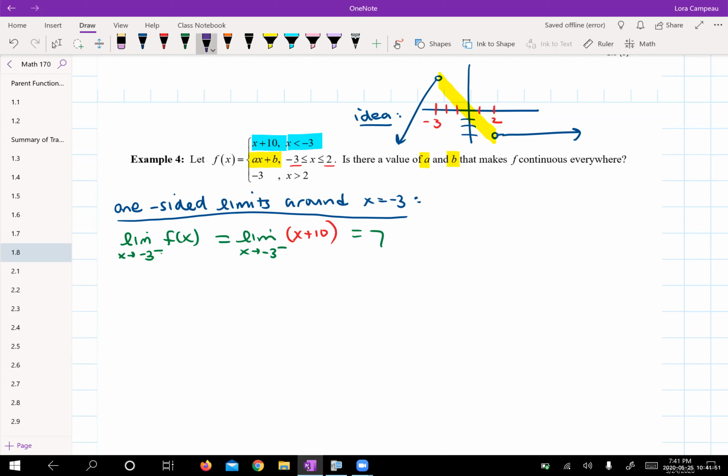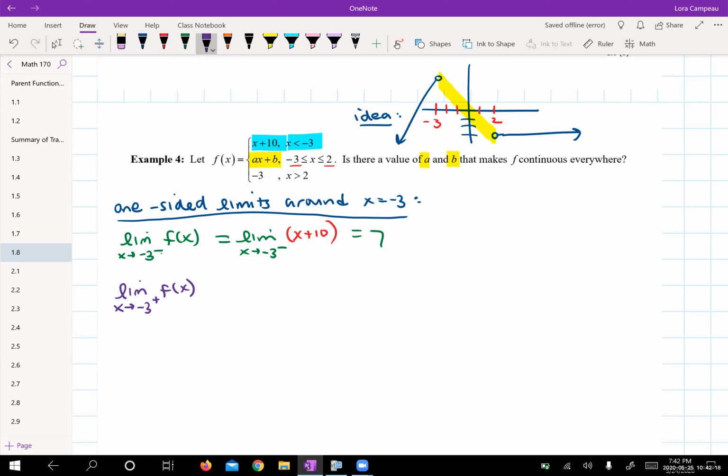Now, if we look at the right-hand limit, as x approaches -3 from the positive side of the function, yes, we have to calculate the other side. So we're going to look at the ax plus b part.